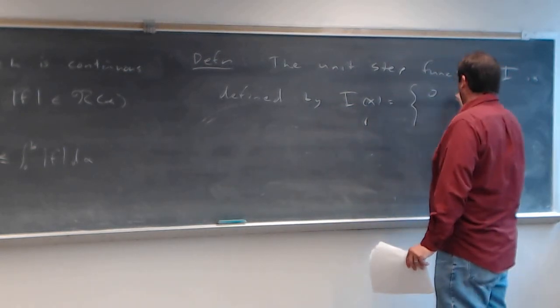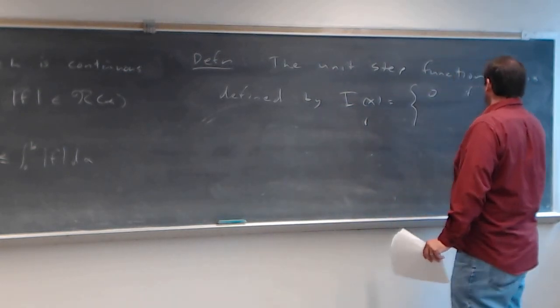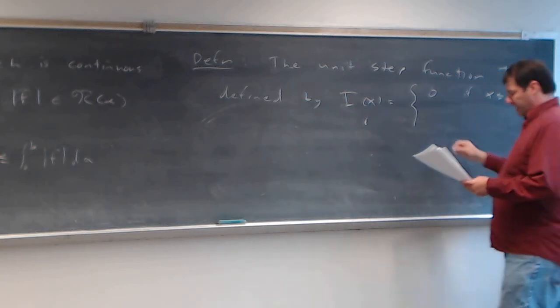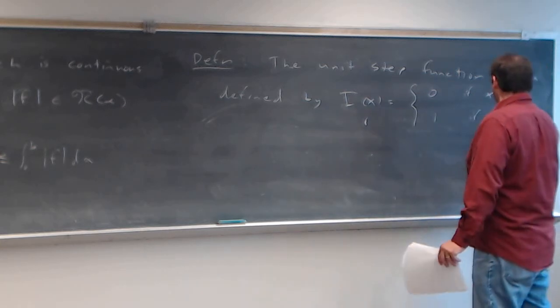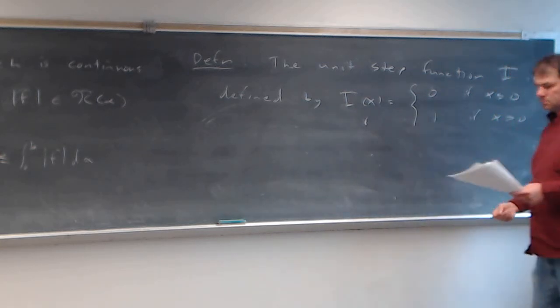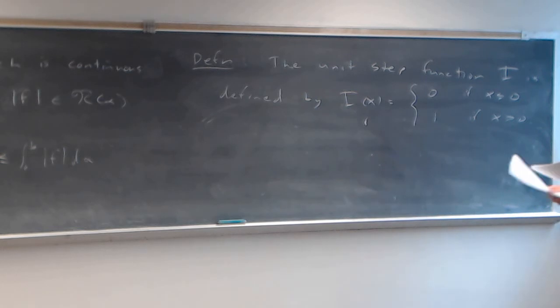It's piecewise defined. It's 0 if x is less than or equal to 0, and it's going to be 1 if x is bigger than 0. So we're going to be working with this unit step function.